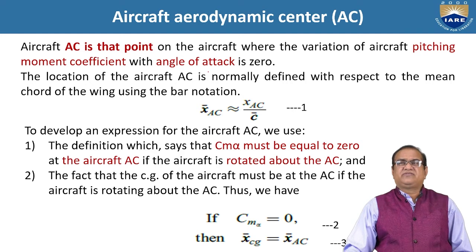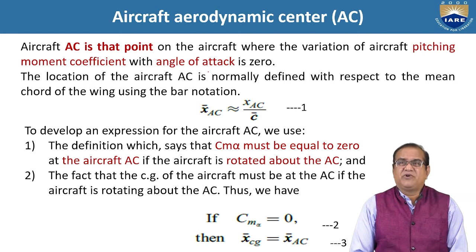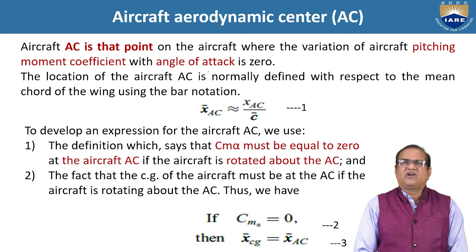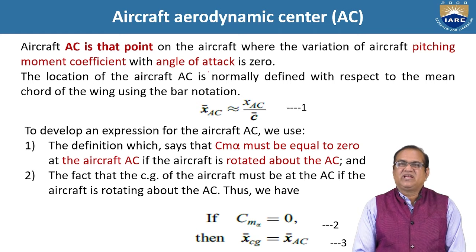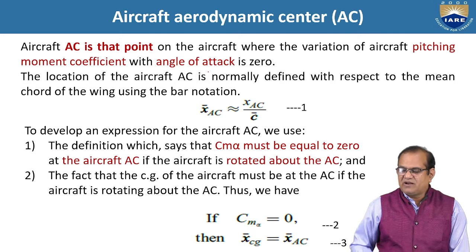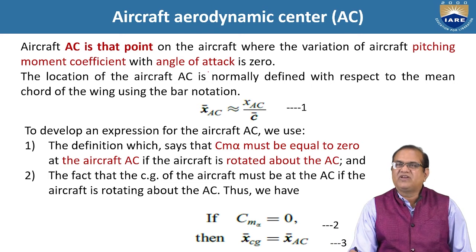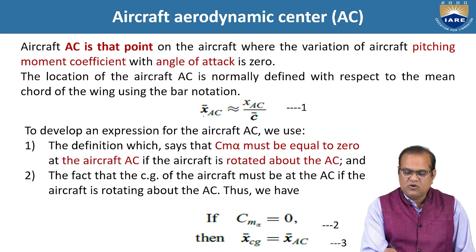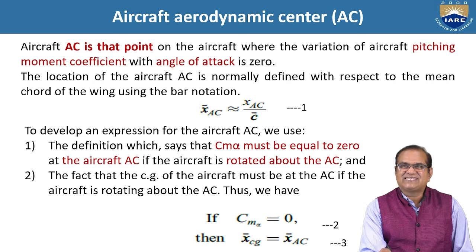So this is a very important point, because it gives a constant value for the pitching moment and angle of attack if we calculate from the aerodynamic center. The location of the aerodynamic center is normally defined with respect to the mean chord of the wing using the bar notation, in non-dimensional form. So x bar AC, so x AC by c bar, where c bar is the mean aerodynamic chord.